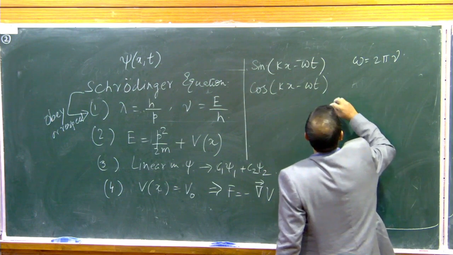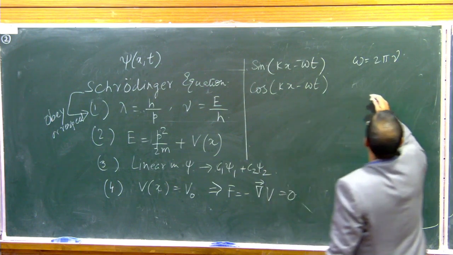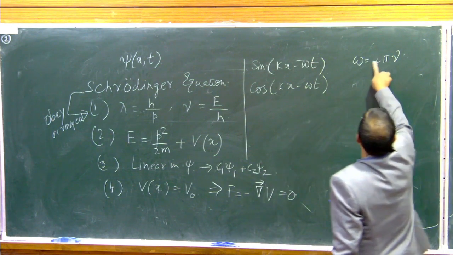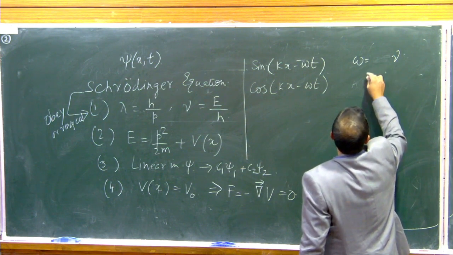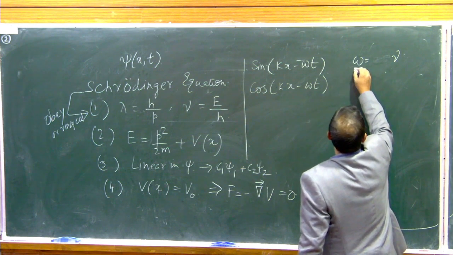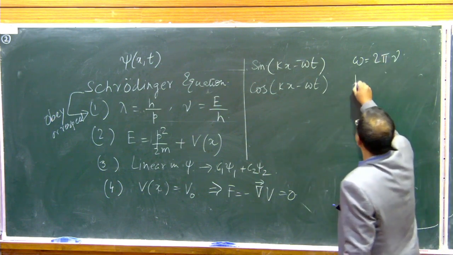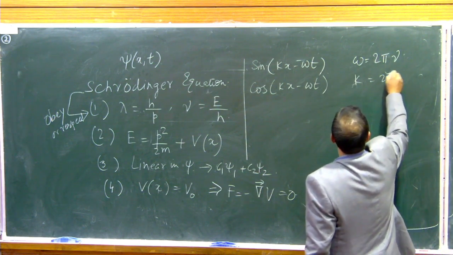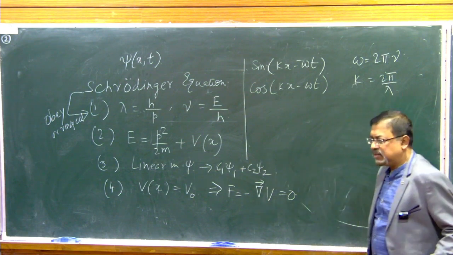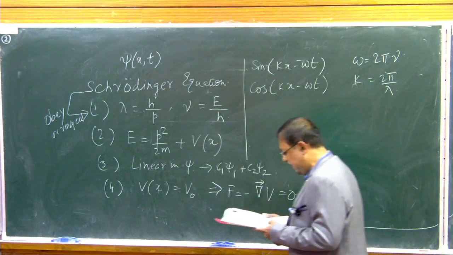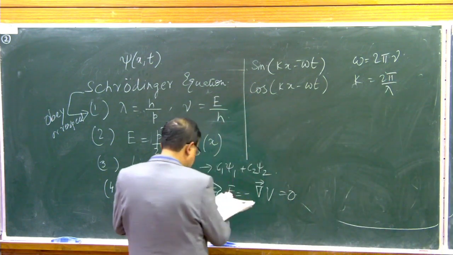Did I write it correctly? It's nu equal to omega by 2 pi, so omega is 2 pi nu, fine. And k is equal to 2 pi over lambda, where lambda is the wavelength. So this wave function should obey these two properties.